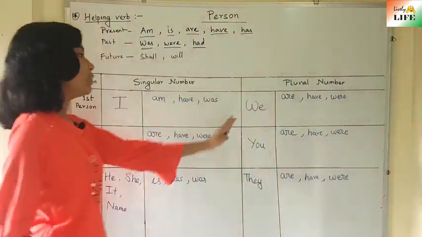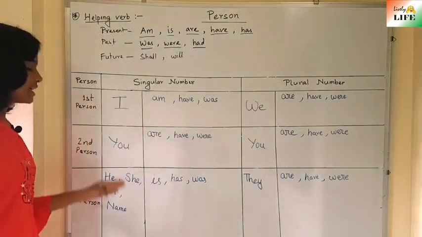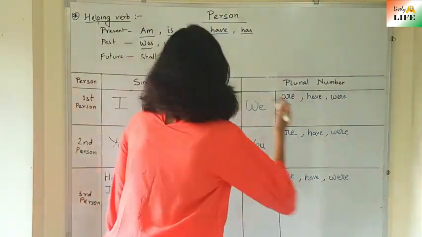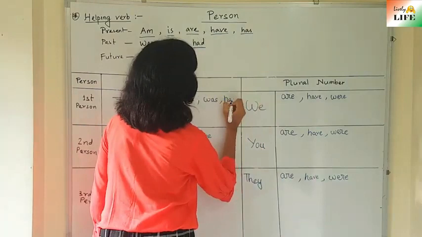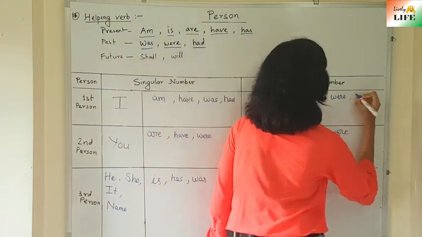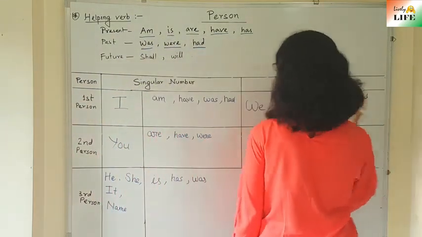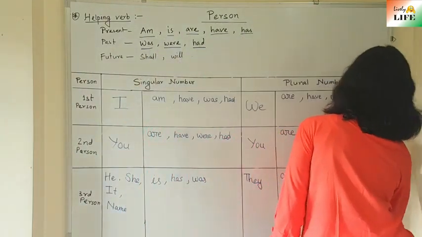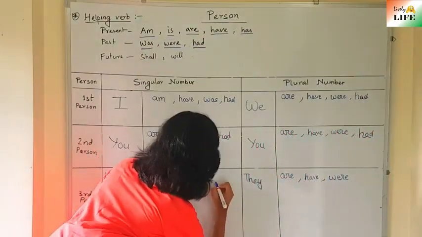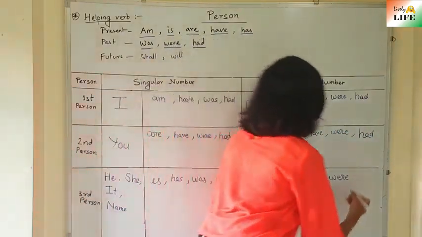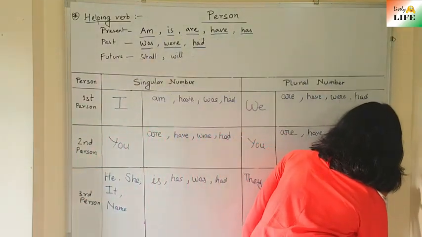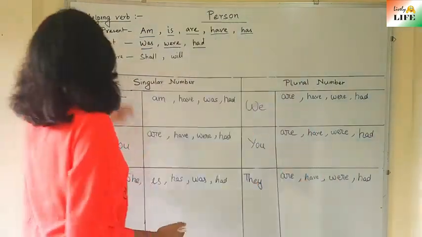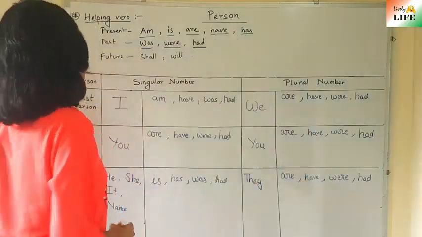I had, we had, you had, he had, she had, they had, anything. So, past tense, future tense.